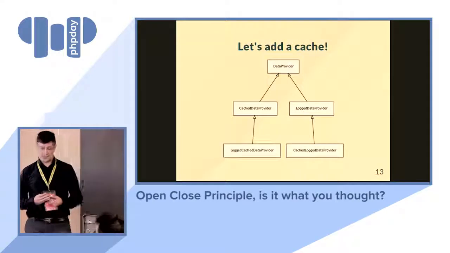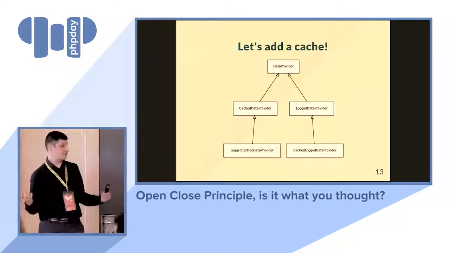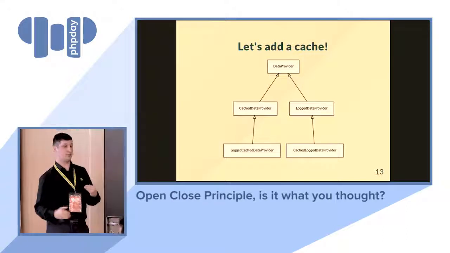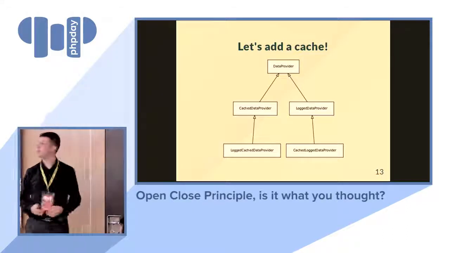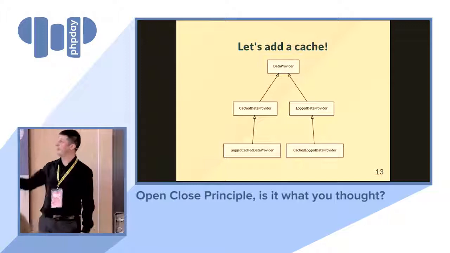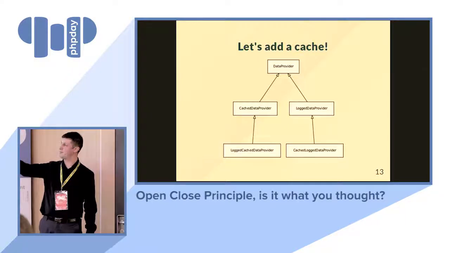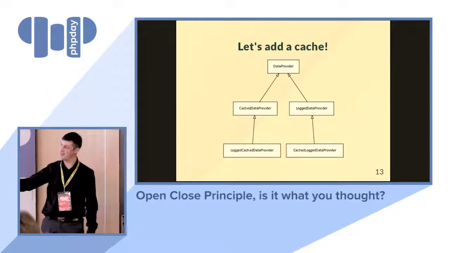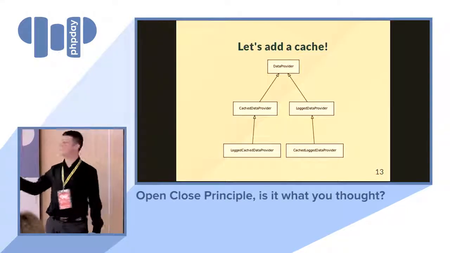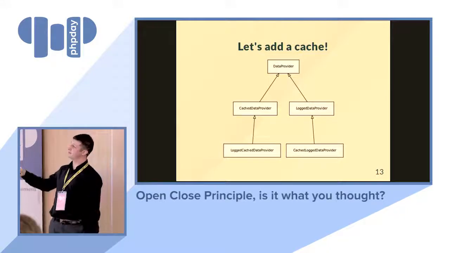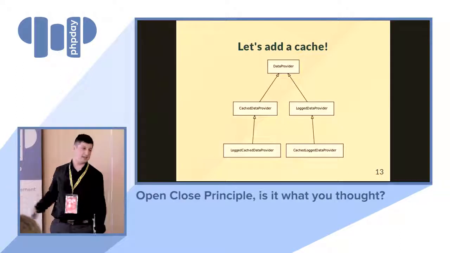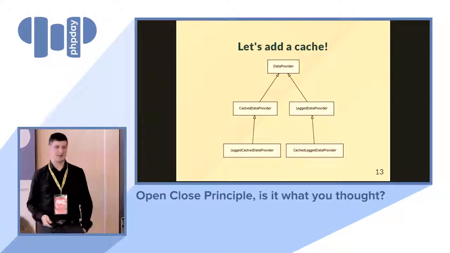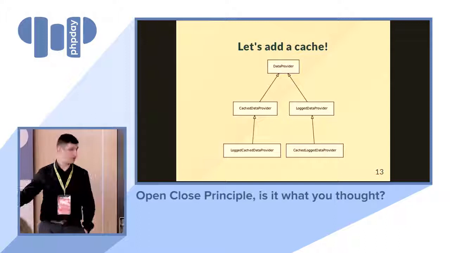If we want to add some layer of caching, for instance, on top of what we already have, what's going on? I've got two paths here. One is my data provider, then my cache, then my log cache. The other way is going log first and cache then. Right, what if I add another layer?